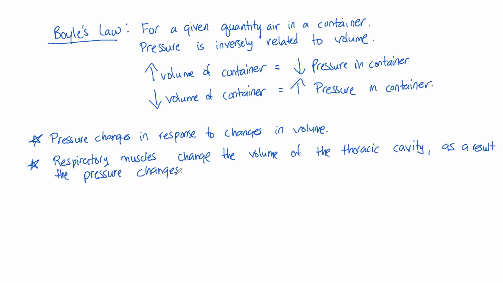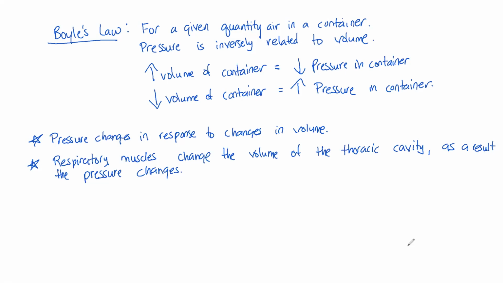Okay, so this is how Boyle's law applies to our physiology in terms of changing the shape of the thoracic cavity, thereby changing the pressures and manipulating airflow in and out.